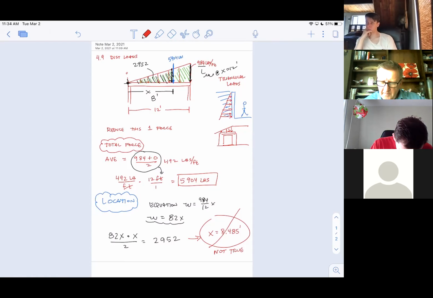I think I'm wrong. I think it has to be an integral instead of just area, but I can't figure out why that is.